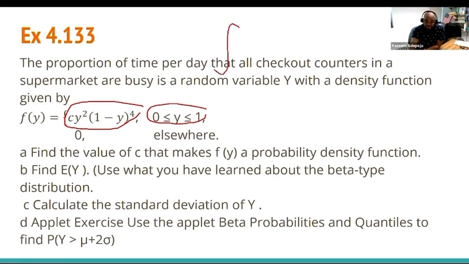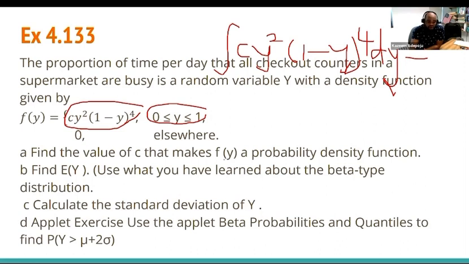So if I were you, you can use the idea of a beta distribution: everything over 0 to 1 must be equal to 1. Or you can go direct, integrate that, and solve for c, or you can even use the idea of a beta function.